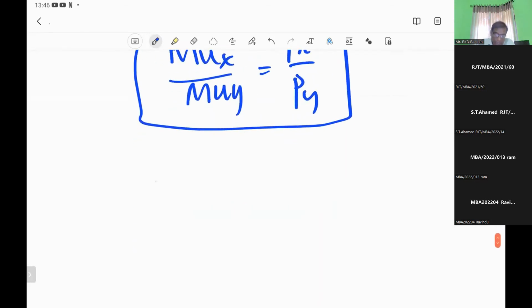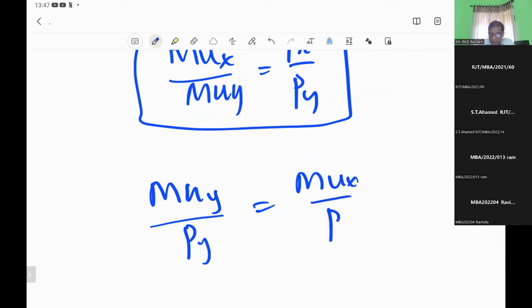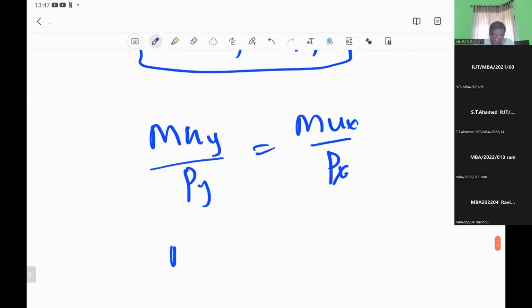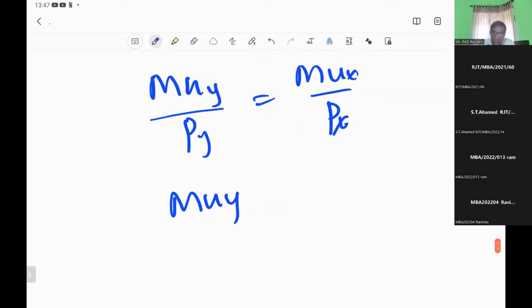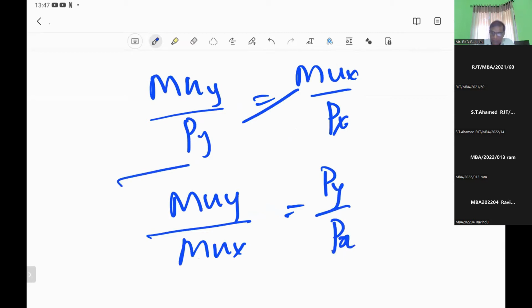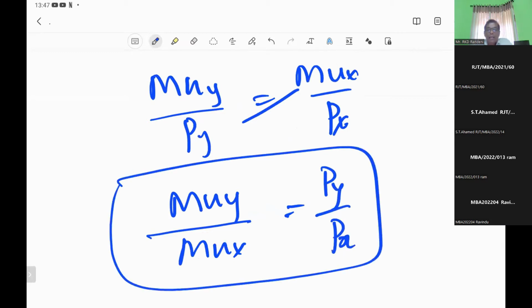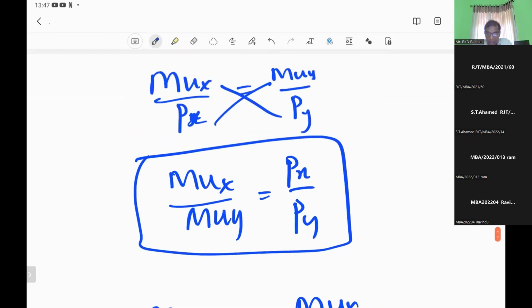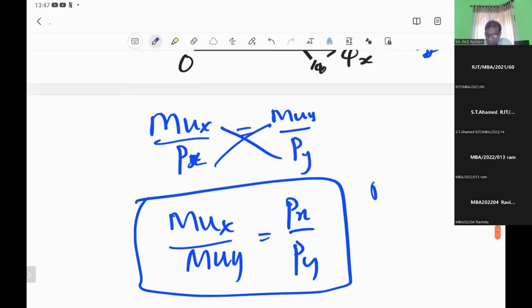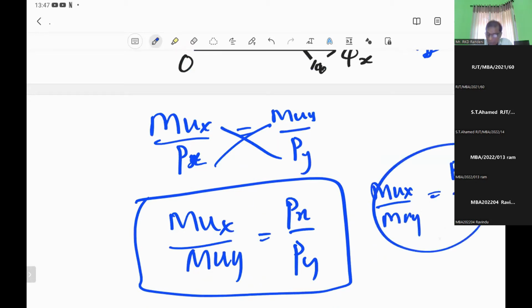Or you can write this way, MUY divided by PY, MUX divided by PX. Then cross multiply, MUX, here PY divided by PX. Can you remember? Right? If you write this way, MUX divided by MUY equals PY divided by PX, that is wrong.